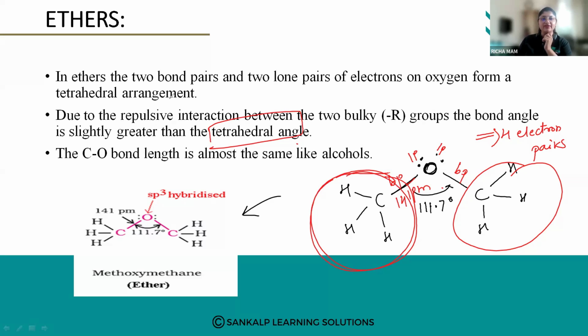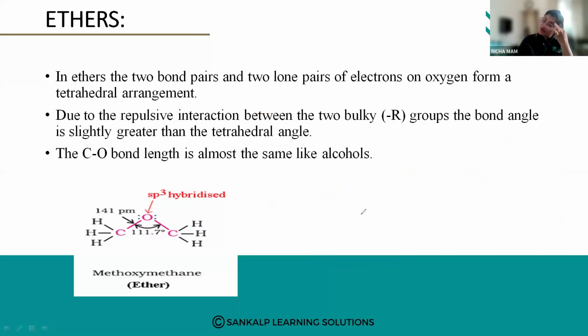So the angle is slightly greater than the tetrahedral angle, and the bond length is 141 picometer, the same as that of alcohol. So this is the structure of the functional group, that is our ether. Is it clear?